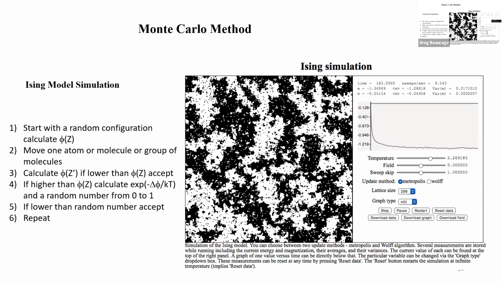LAMMPS will do a Monte Carlo for you, but generally you can write your own code to do this. It's not hard to write a Monte Carlo code, because every kind of software, like BASIC or whatever you're using, will have a random number generator. And that's really all you need. It also has to have an exponential function. Other than that, there's not much else to do with it.